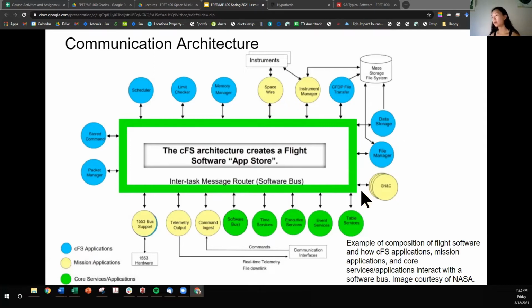We also have core services and applications, which are underneath, the low-level control. All of these applications you can visualize are hooked into this software bus, and the software bus constantly has a stream of messages and data packets flowing on it.